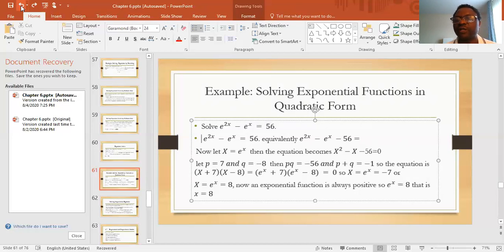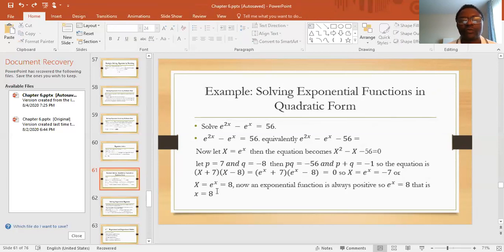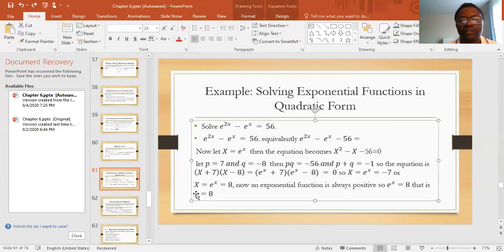If e to the x equals 8, then x equals natural logarithm of 8. So x here is the natural logarithm.